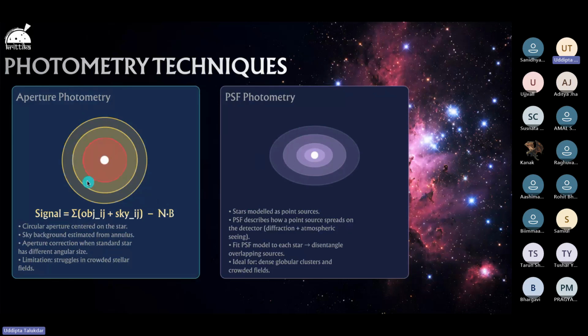Aperture photometry is simple to use, but PSF is a bit more complex. For crowding, aperture fails, and for crowding, PSF is the best method out there. So the rule is: if the stars are well separated, aperture photometry is fine, but if they are crowded, you must use PSF photometry.